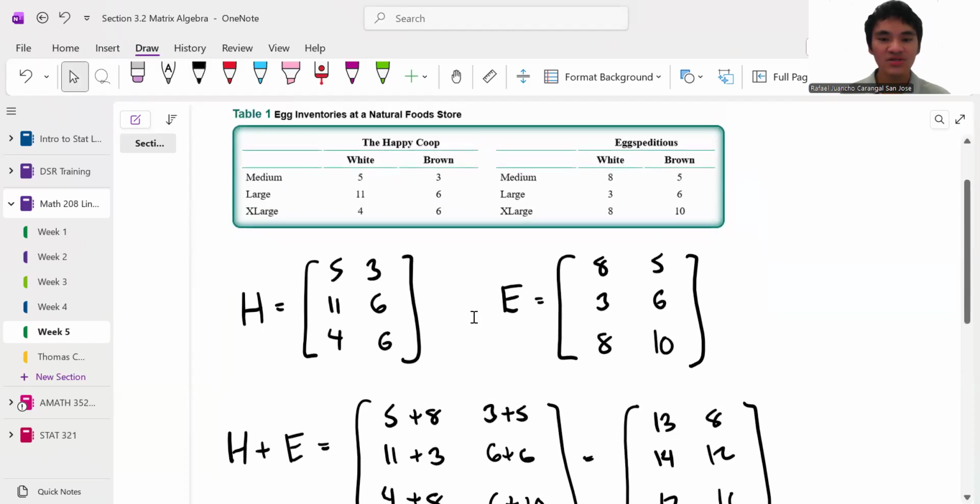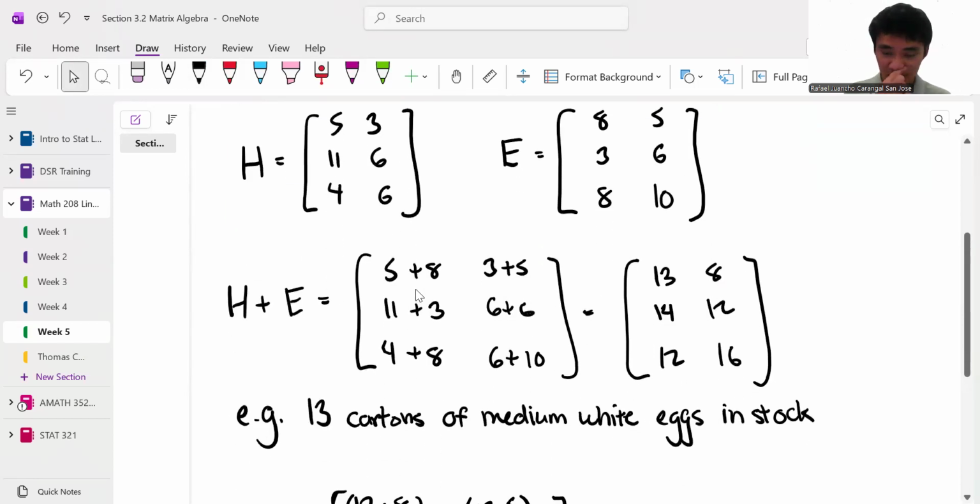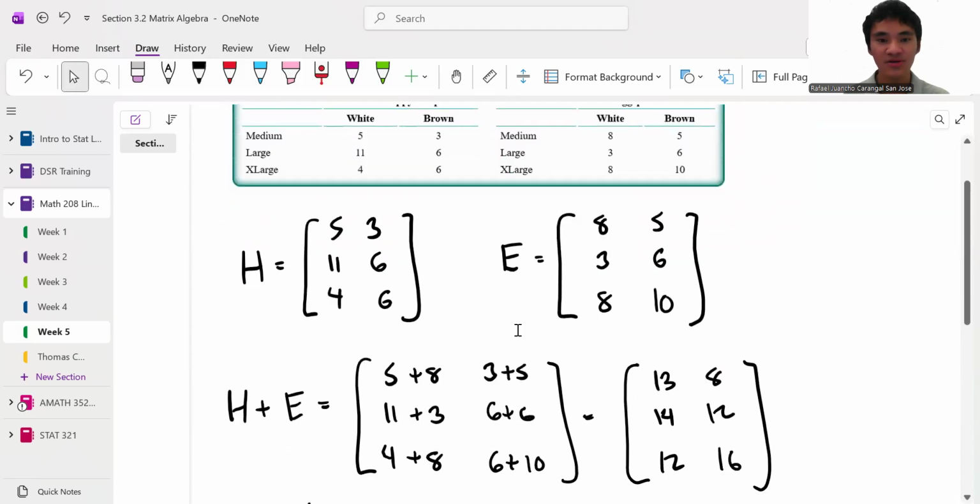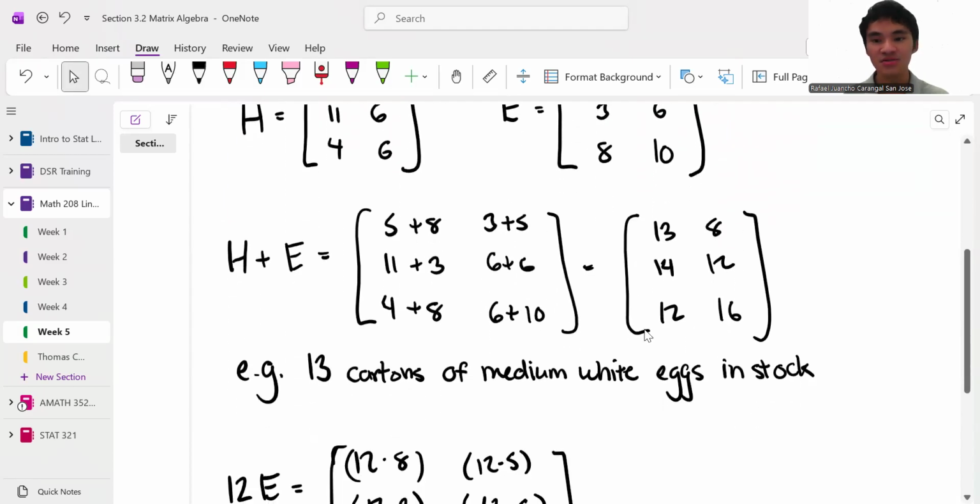We can translate this type of information into matrices, which we've done in the past. For Happy Coo, we translated it into a 3 by 2 matrix, and the same goes for Expeditious. We can add these two matrices together to get the total number of both white and brown eggs and their corresponding sizes.